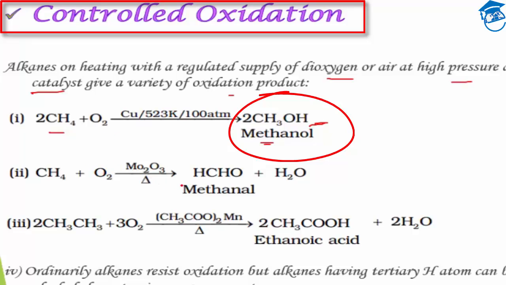Then similarly, the aldehyde could be prepared if molybdenum oxide is there, or we could get acid if we have manganese acetate. So these are oxidations: mild oxidation, then harsh, and then more strong oxidation.